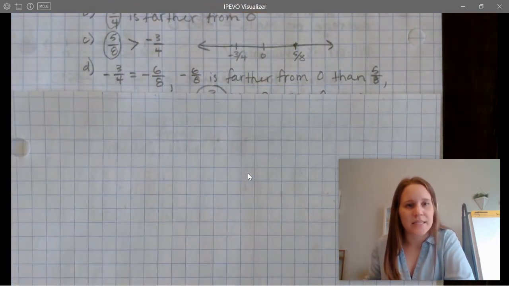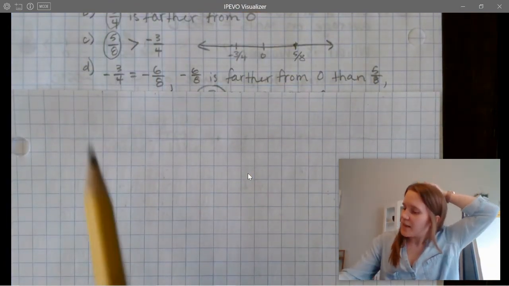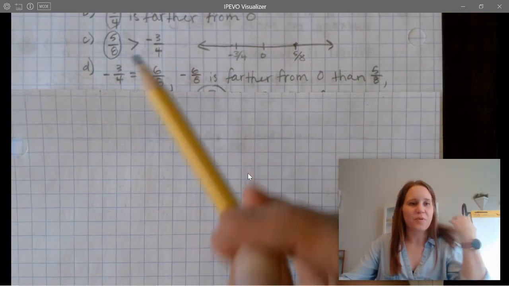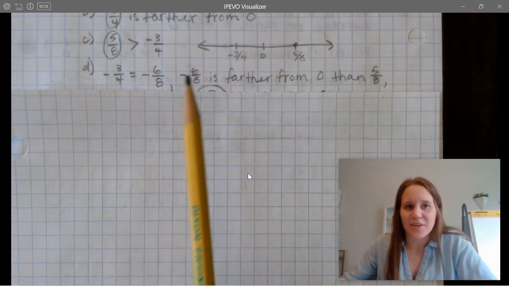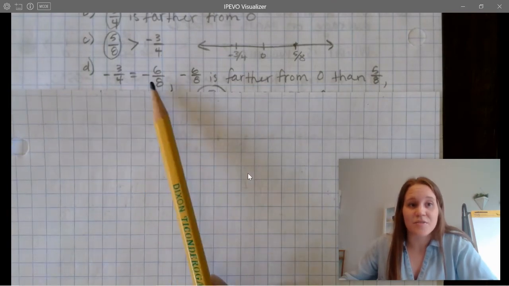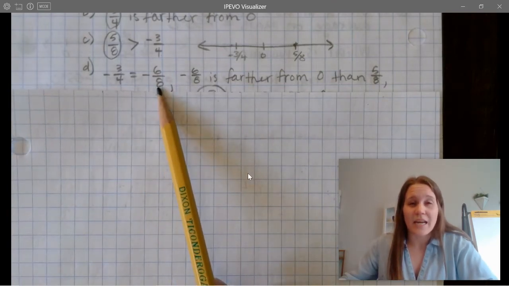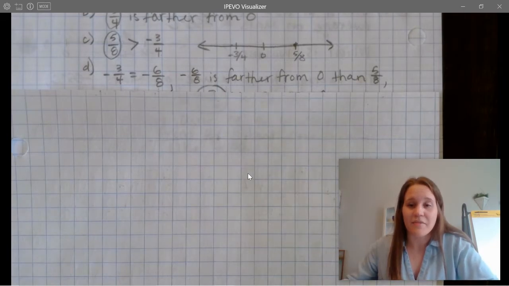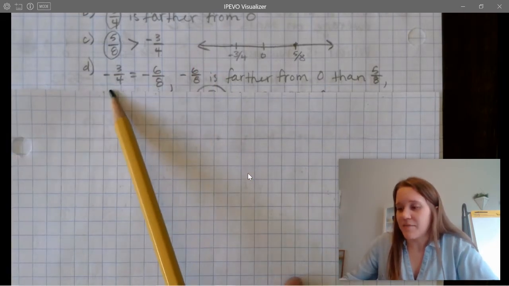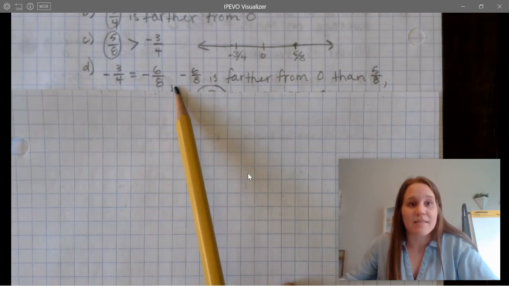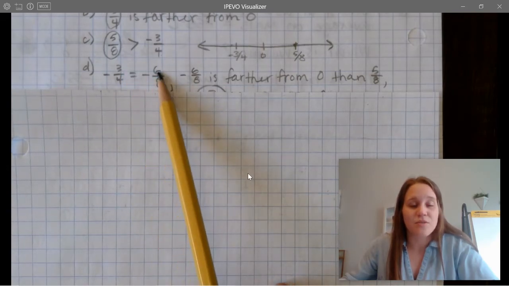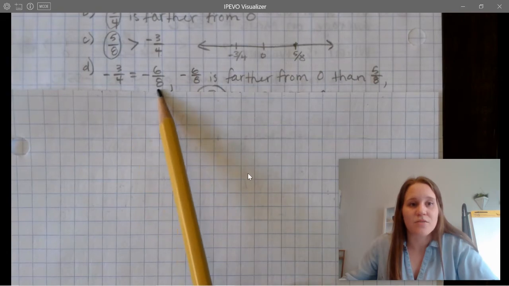And then this one's my favorite. Part D said, which is farther from 0, 5/8 or negative 3/4? So in order to compare these, I actually had to convert negative 3/4 into eighths so that I could compare distance and so I could compare value. So instead of negative 3/4, I started thinking about this number as negative 6/8. Remember, I can multiply 3 times 2 is 6, and 4 times 2 is 8.